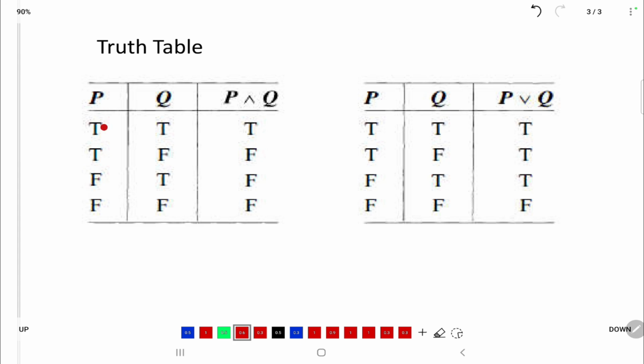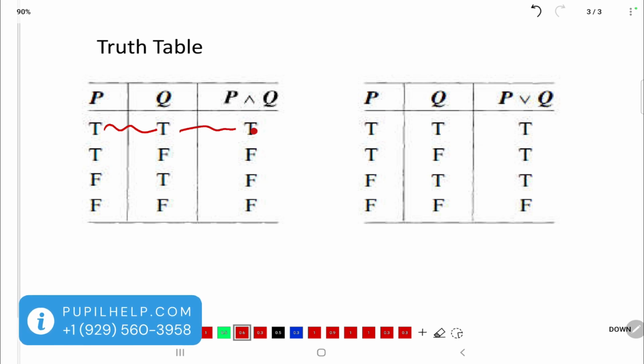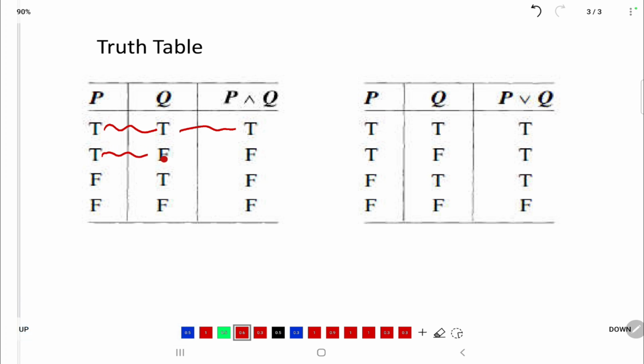If P is T and Q is T, the result P and Q is T. If P is T, Q is F, the result is F. The same thing here. So you can see here, the only true one is when both of them are true. It is only this case. If it is and, the result is true only for both of them are true.